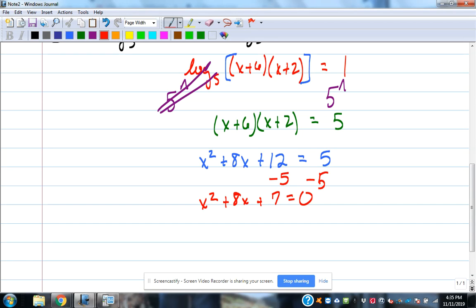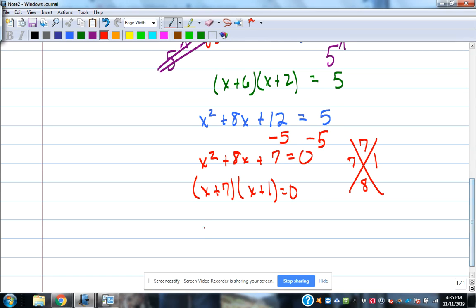Once you get here, pick a way. I'm going to use factoring on this one because it works pretty easy. Multiplying to be 7, adding to be 8, that's 7 and 1. So that gives me factors of x plus 7, x plus 1. And then my solutions are x equals negative 7 and x equals negative 1.